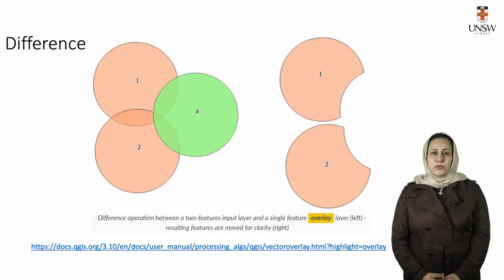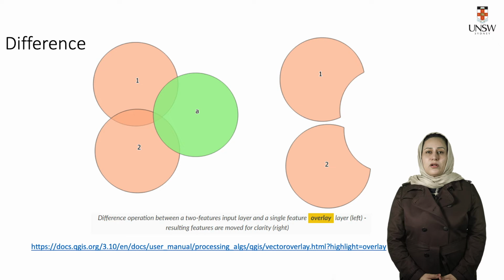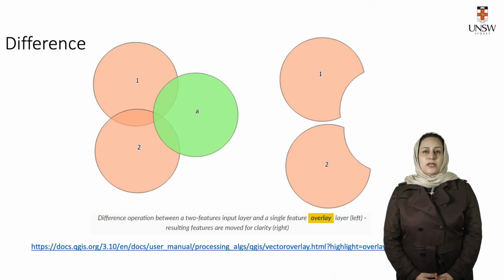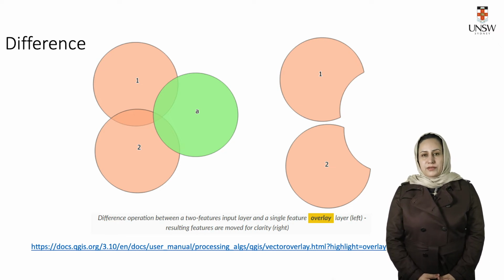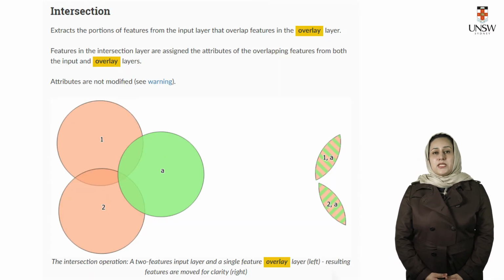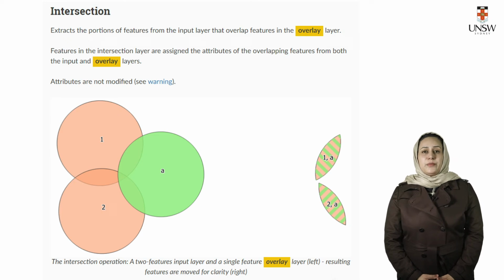Difference tool is used when we want to extract all the input area except the area of the overlaid layer. Intersection tool is used when we want to extract only the intersected area between the input and overlaid layers.